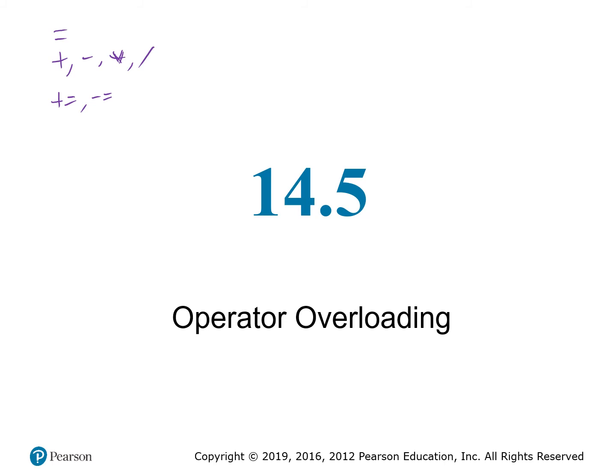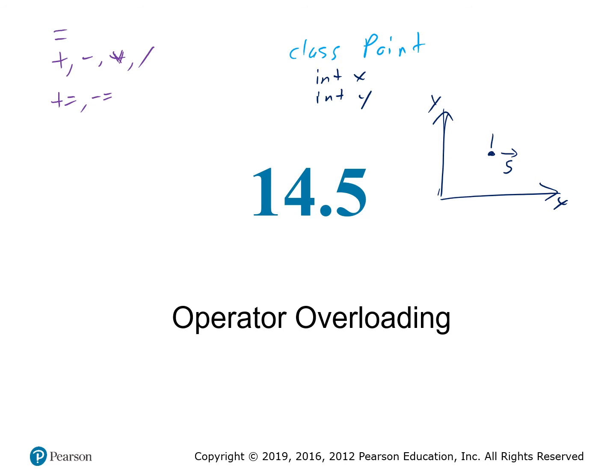An example might be if you have a class point that contains an int x and an int y, and so that marks a position in space, x, y, and you want to add 5 in this direction and 7 in this direction to get this new point right there.